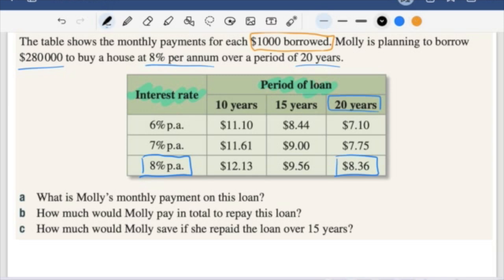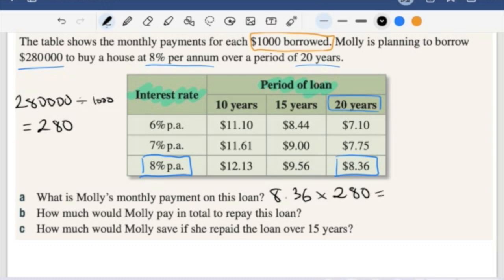So I'll just do it up here. 280,000 divided by 1,000 gives you 280. So $8.36 is the monthly payment for every $1,000, but we're trying to find the monthly payment for $280,000. So we're going to take 8.36 and times this by 280.